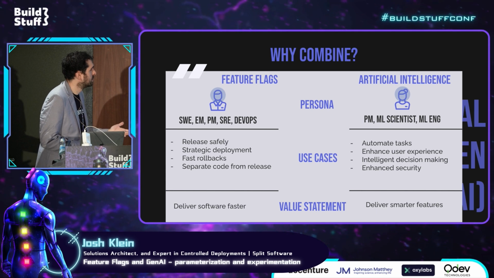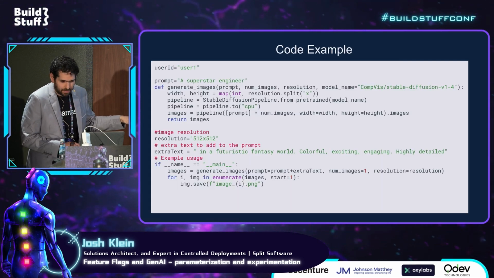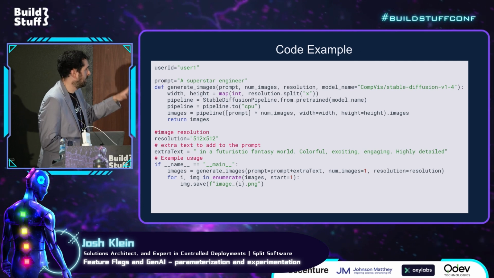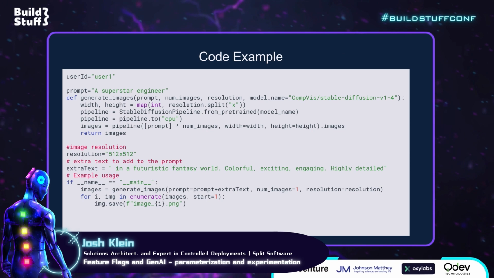So again, I talked about, sorry about this, but I do want to talk about real, actual, live working code. So here's an example of stable diffusion code in Python. One thing you'll note here is that there's a prompt, a superstar engineer, and there's a little extra text variable, in a futuristic fantasy world.